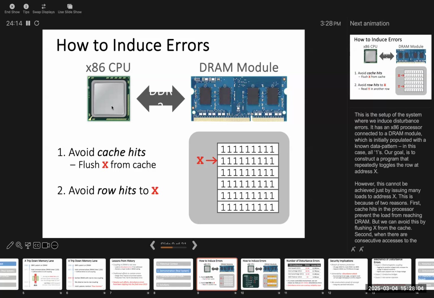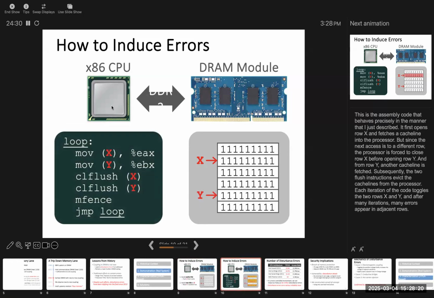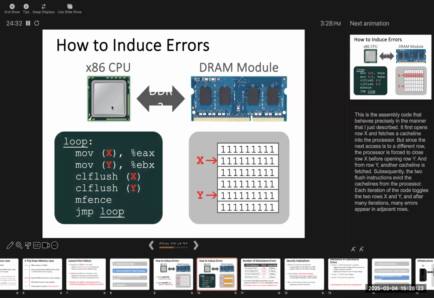We want to read from X, but we want to avoid the row hit on consecutive reads. So after reading X, they read Y in another row, which will close row X and open row Y, and then again read row X. For doing that, they have this simple program, written in assembly.